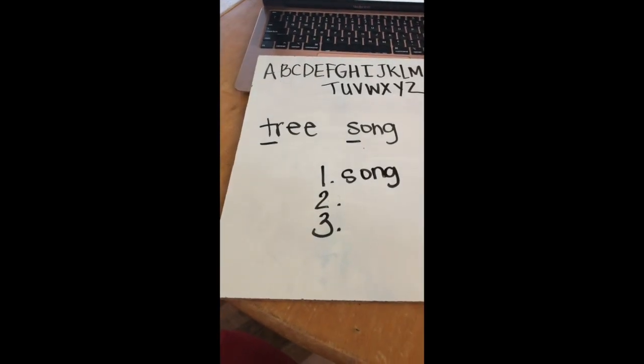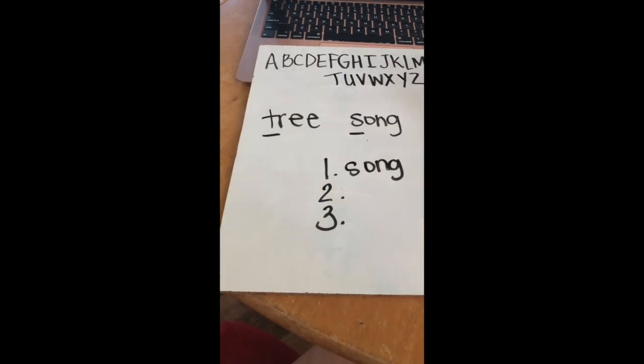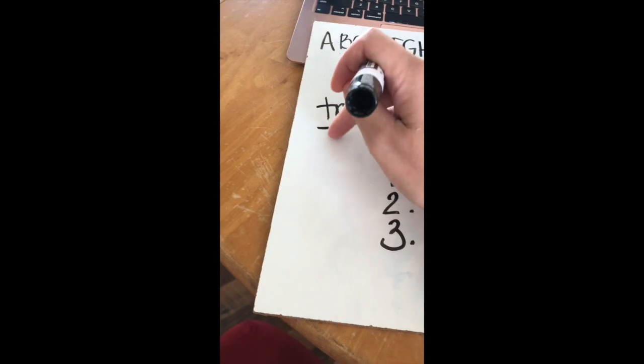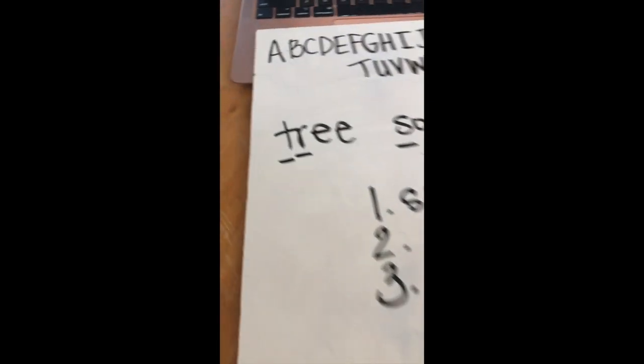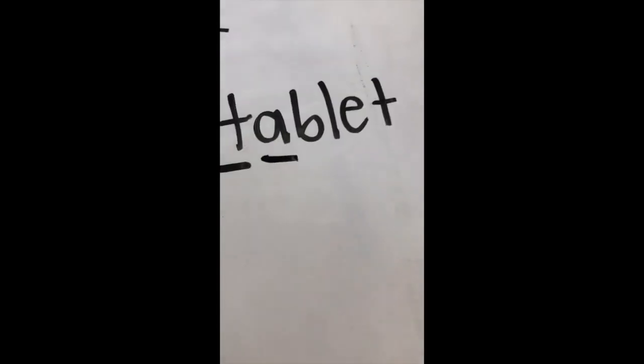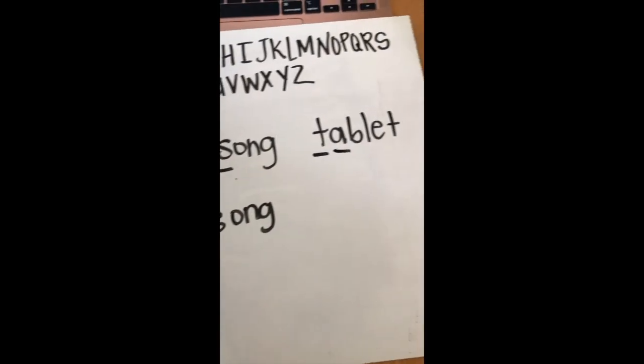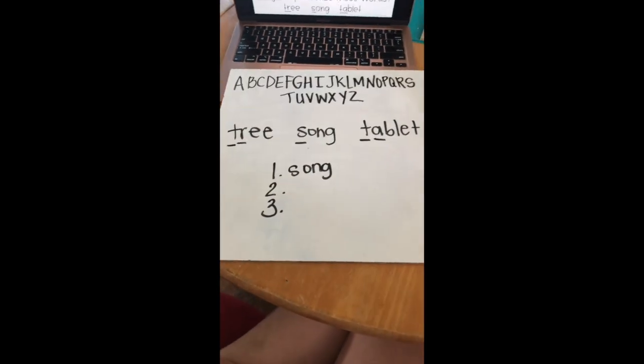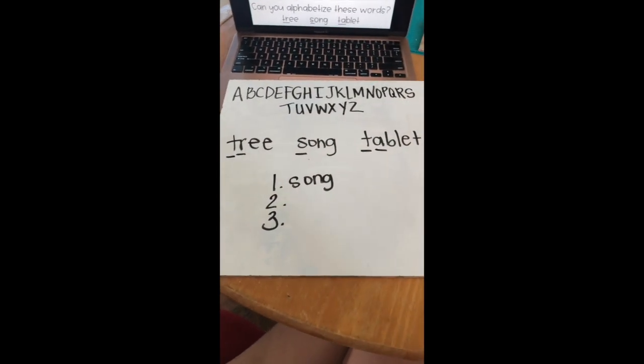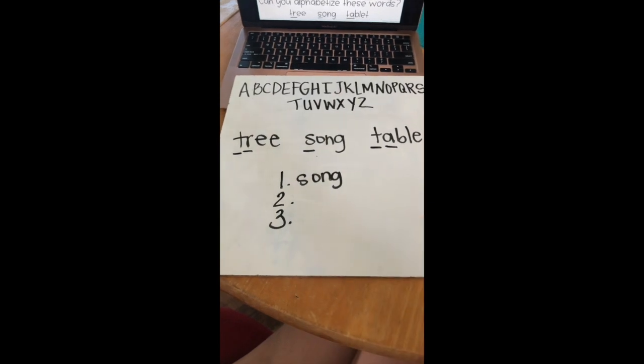Now let's look at the words that have the T at the beginning. They both start with T, tree and tablet, but we're gonna take a look at the second letter in each word. The second letter, I have an R and an A. Looking at my alphabet, which letter comes first in the alphabet? Does the A come before the R, or does the R come before the A?